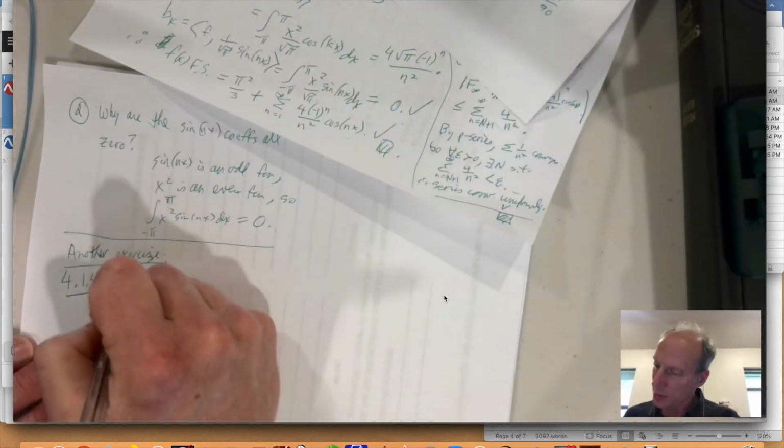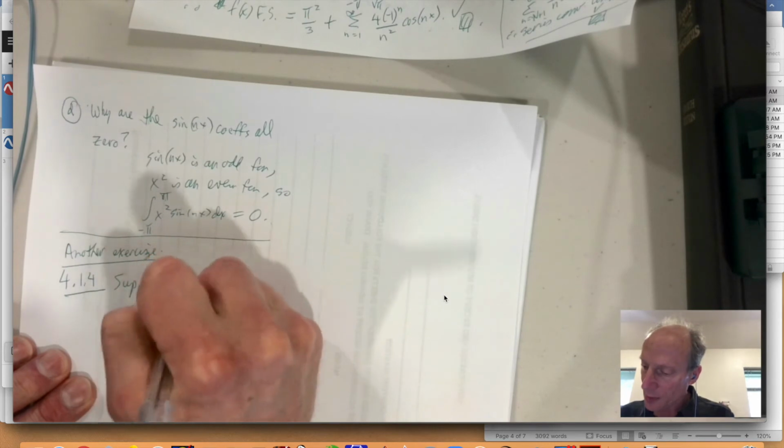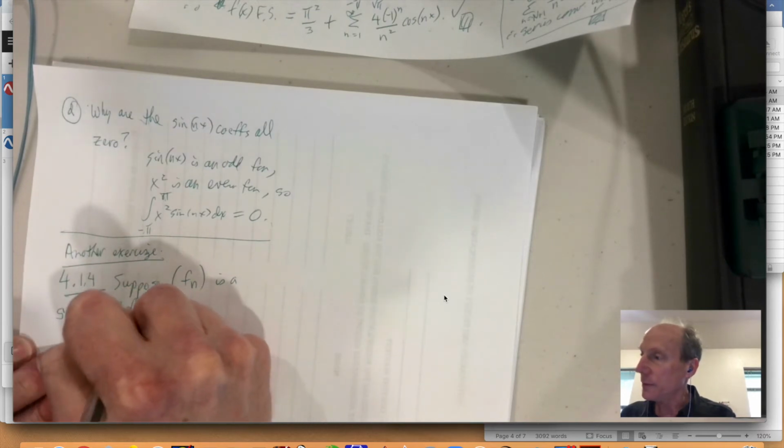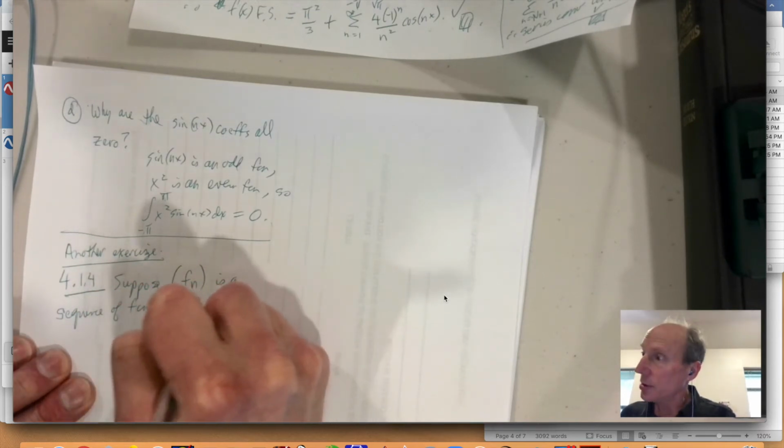The exercise is, suppose that f_n is a sequence of functions in L2 of negative pi to pi.